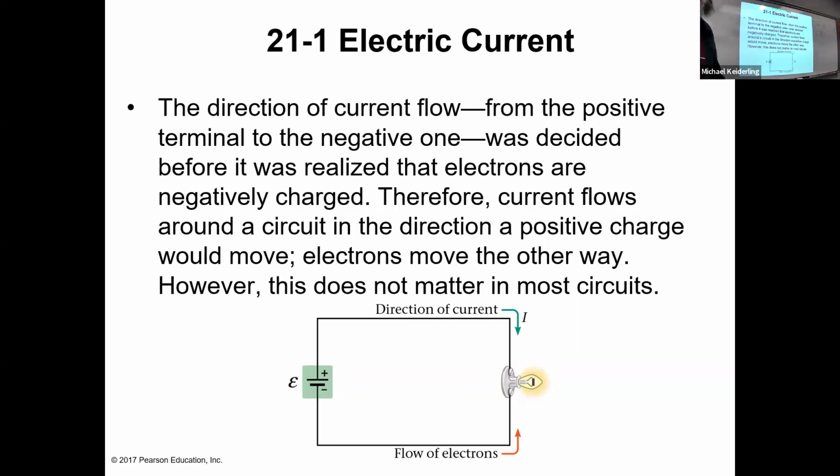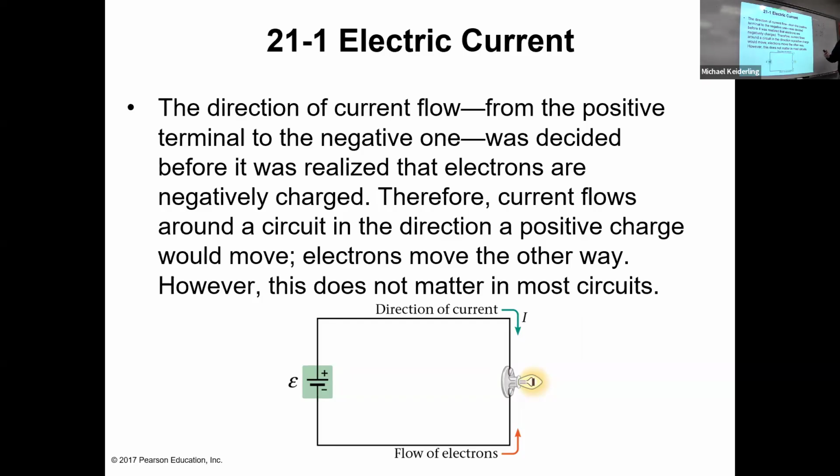Now, most of the time, this doesn't matter because you're not looking at the electrons. It's relevant in a few cases, like the design of vacuum tubes, where electrons jump a gap. When you design a vacuum tube, your negative terminal is a thin line and your positive terminal is a big target.